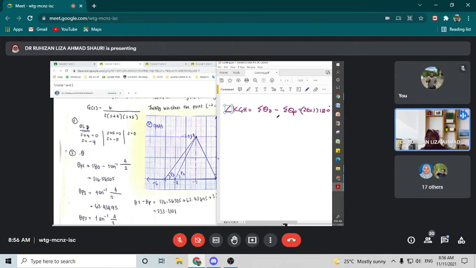Okay, you only get this one when you are referring to a point on the locus. Now this point, you don't know yet. You have not confirmed whether it's on the locus or not.